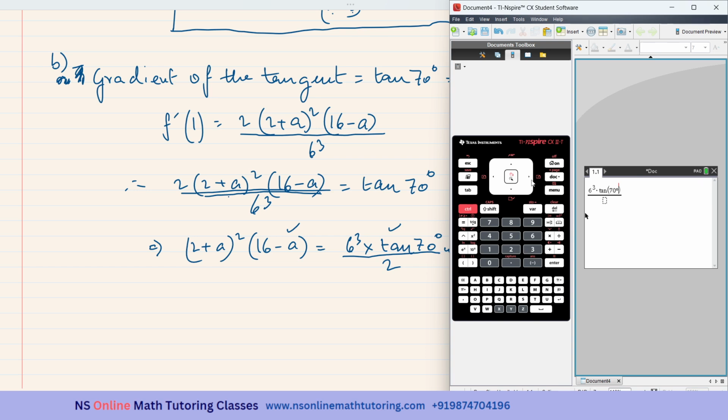Okay, so you do that and divide it by 2. Enter. Control enter. 296.7. So it is near about 300. Okay, so maximum y value I can take as maybe 350 and the minimum maybe 250.